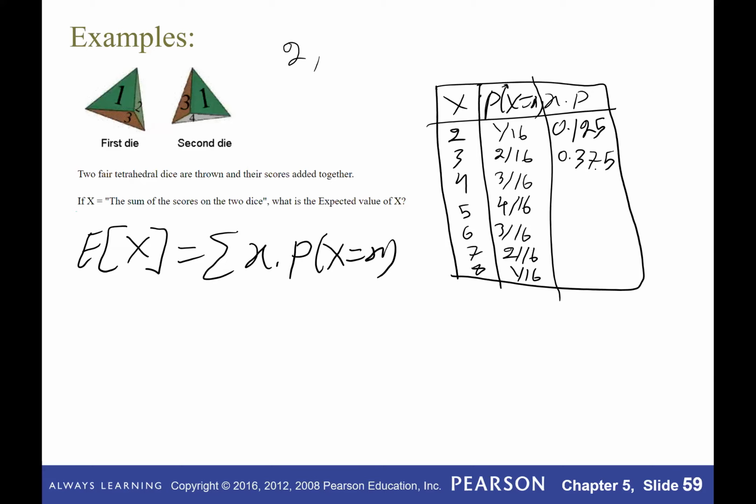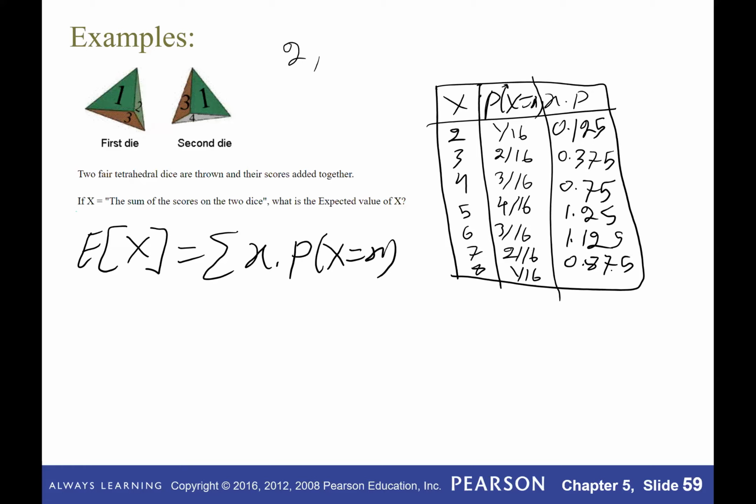Okay, then the next one is 4 times 3/16, that means 12/16, 0.75. Then this one is 1.25. Then 18/16, then it will be 1.125. Then the next one will be 0.875.